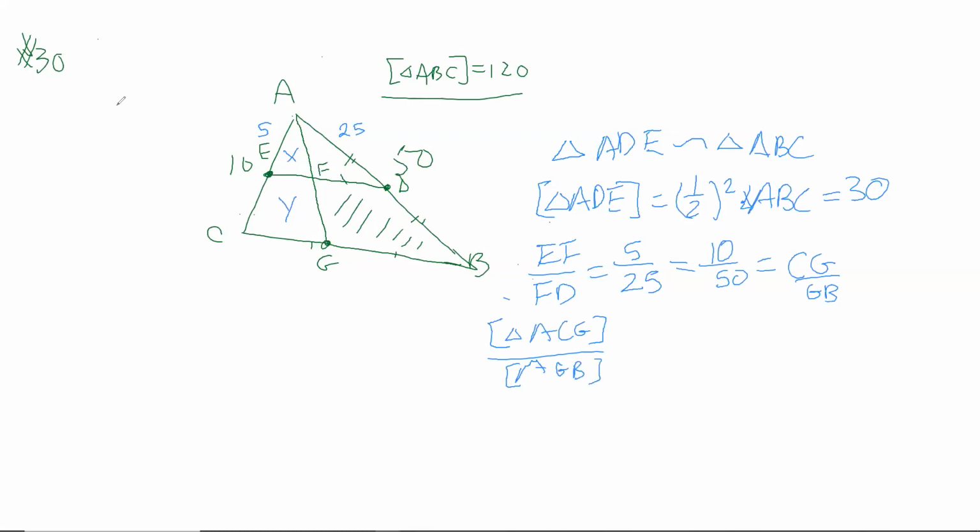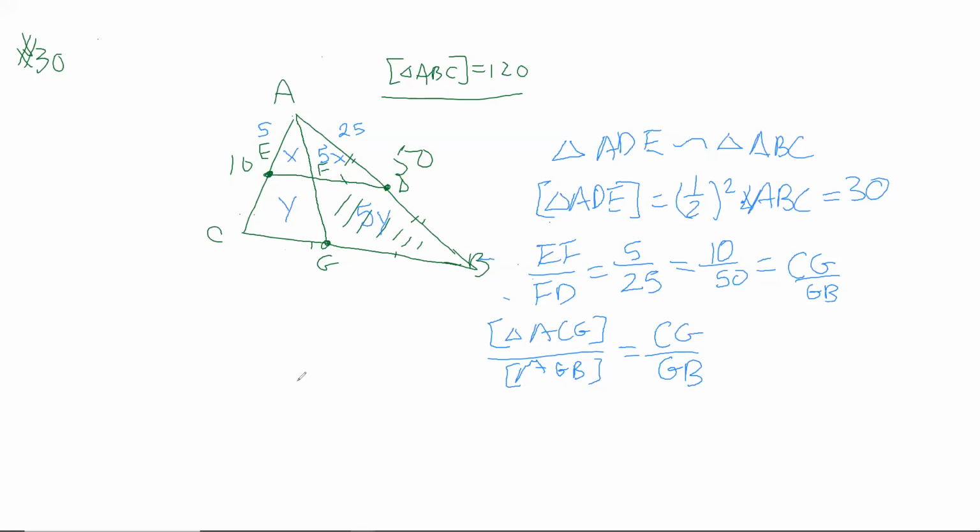Since it's an angle bisector, the ratio is just the ratio of their sides, CG over GB, because they share the same height. So the ratio of their areas will just be the ratio of their side lengths. Now that we know this principle, this is 5x, and this is 5y.